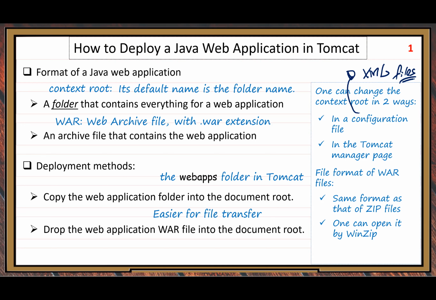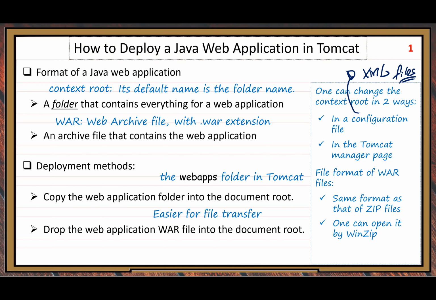This kind of format is easier for file transfer, because during development you may like to send your web application to different members in your team. So usually the WAR file is more convenient for people.